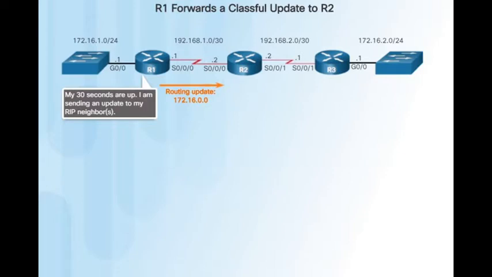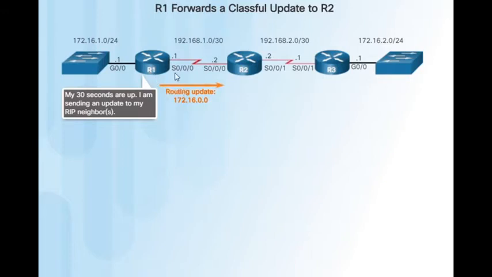Let's say R1's timer is up, so it will now send routing information to the other neighbor. As you can see, it has 2 networks connected to it, the 172.16.10 and the 192.168.10 network.